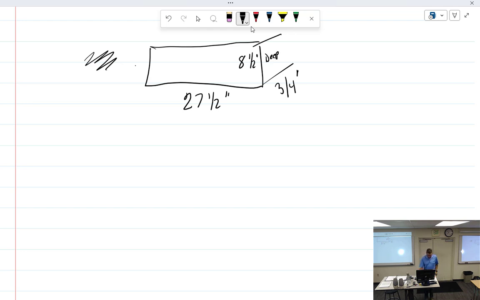How many gallons will the tank contain? By the way, 231 cubic inches equals 1 gallon. So what do you want to do with this information?